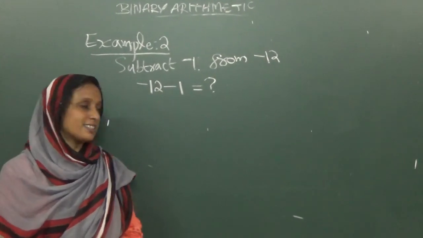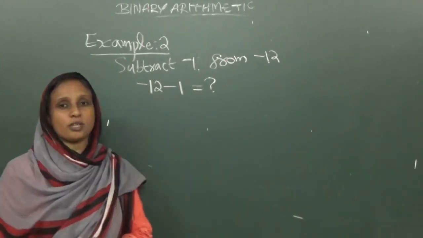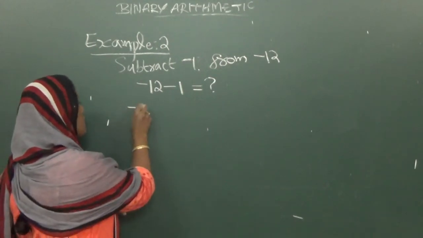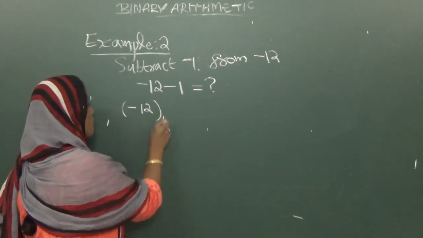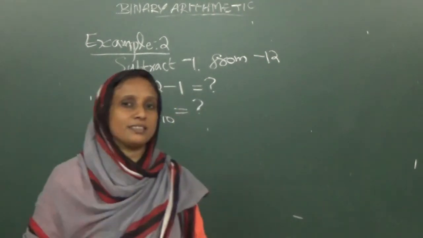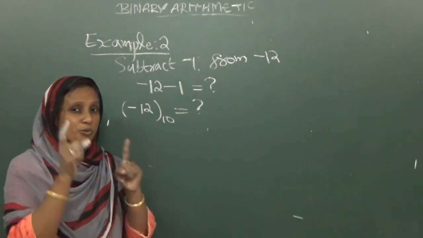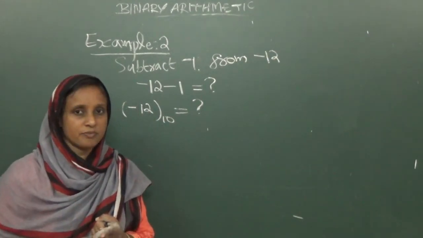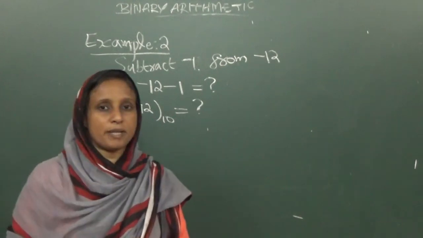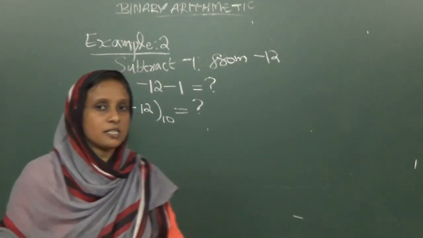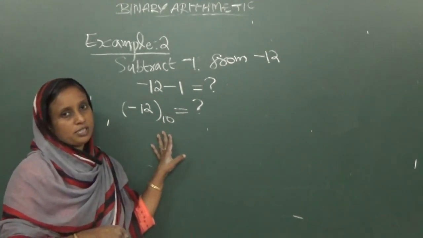The first thing is we have to represent all of them in binary form, right? So what is minus 12 in binary form? Because you have to write 12 first in binary, then take its 2's complement, then only it gives you minus 12, right? So we can do that first.